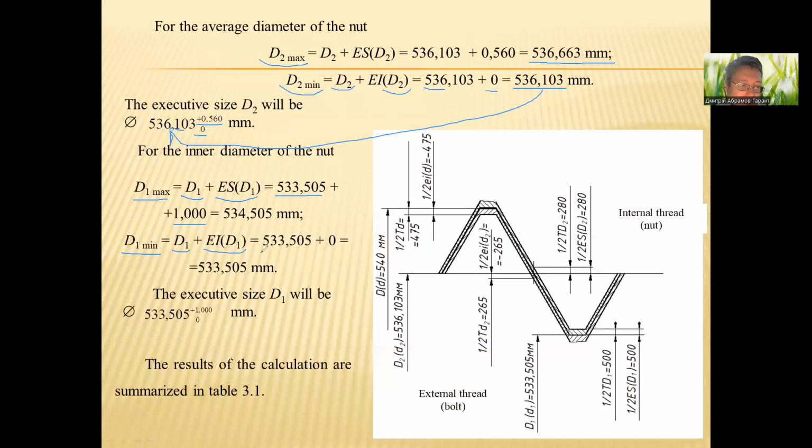And what we have: 533.505 plus 0, and it will be equal to 533.505 millimeters. The executive size d suffix 1 will be equal to 533.505. Upper limit deviation is plus 1 millimeter, 1.0, and lower limit deviation is 0.